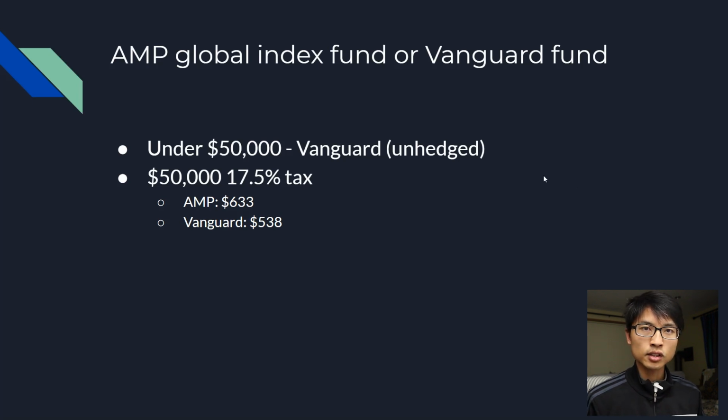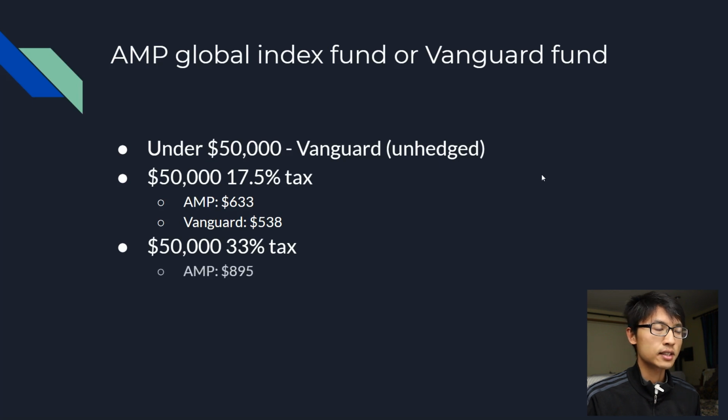However, things start to change a little bit when you're in the highest tax bracket. So at a 33% tax rate, the AMP index fund costs $895 because its tax rate is capped at 28%, while the Vanguard fund would cost you $925.